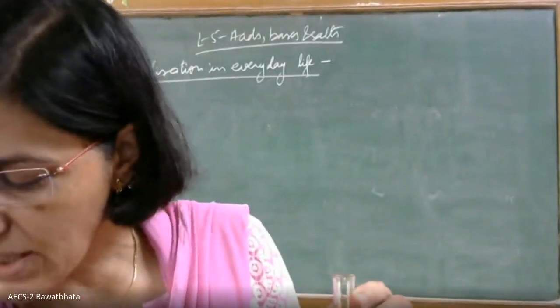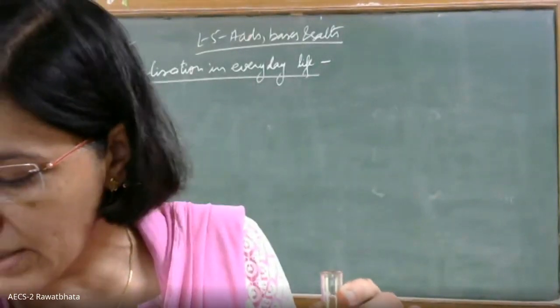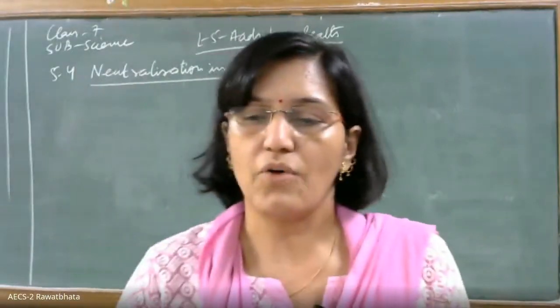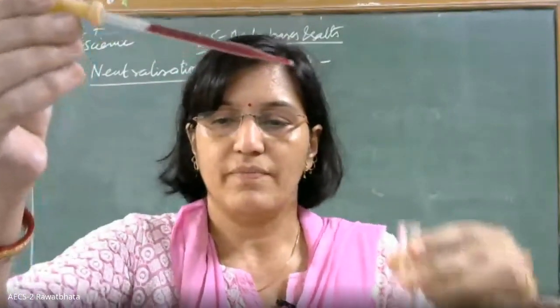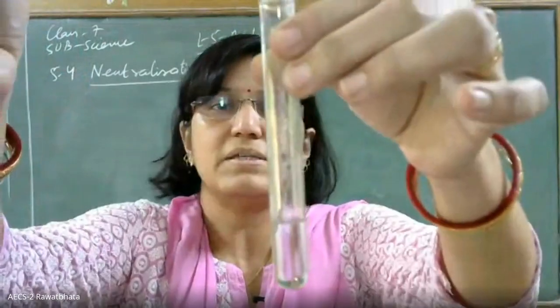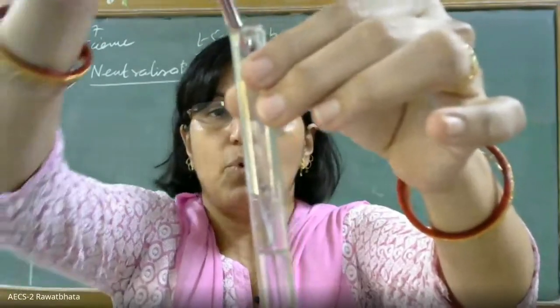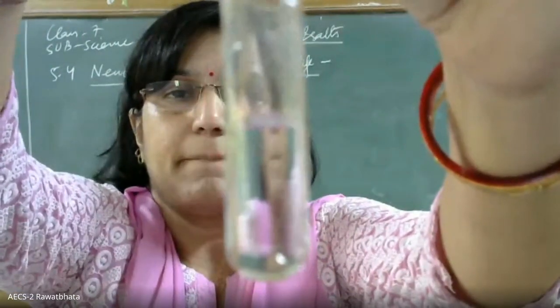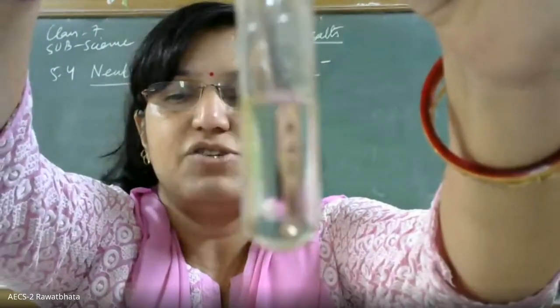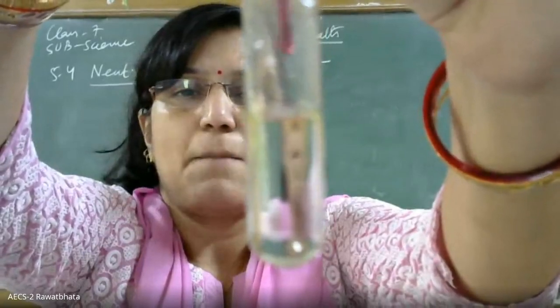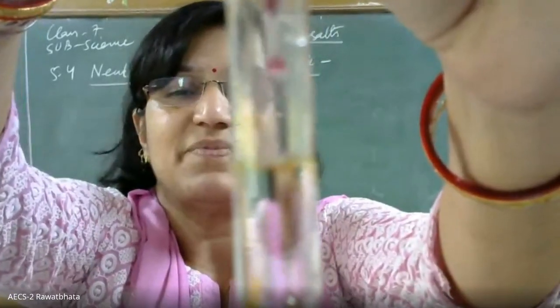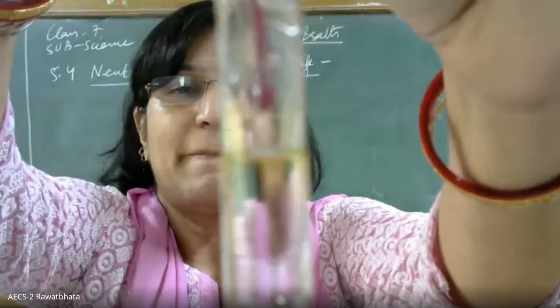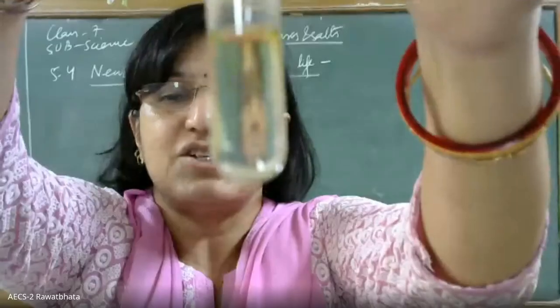Now what is the next thing I am doing? I have put my dropper in the liquid of the indicator I had shown you. And this is the base. Now let me pour a few drops. Can you see the change dropwise? Purple turning to? Yes, ma'am, to yellow.